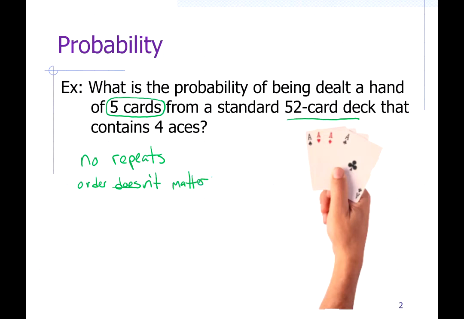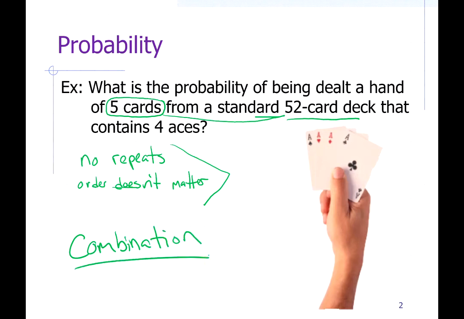And if there's no repeats and order doesn't matter, and we're choosing a small group of 5 from a larger group of 52, that is a combination problem. Combinations: choosing a small group from a larger group, no repeats, order does not matter. Okay, so we're definitely going to take a combination approach to counting.